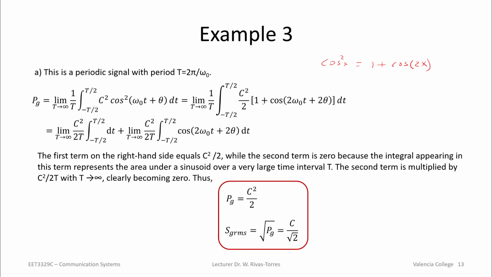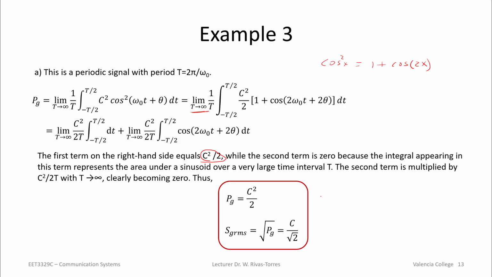So that's what this integral is done over. And remember, we have to take the limit as t tends to infinity. If you run through the equations and complete the integration, you end up with c squared over 2, which is the power.